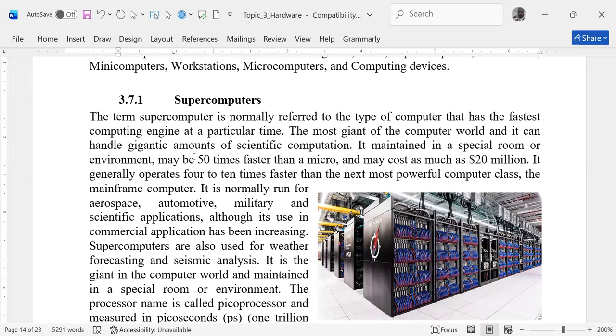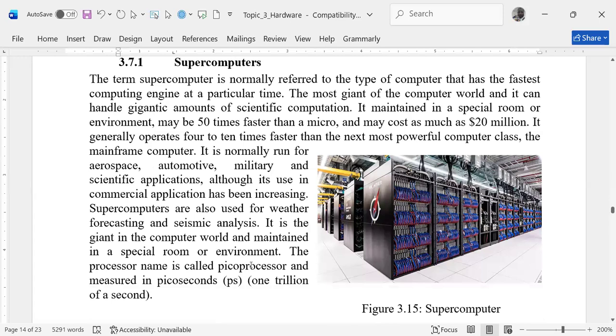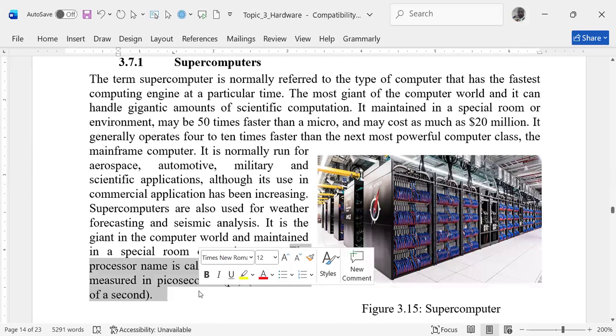It is normally used for networking. So you cannot go and buy a supercomputer for your small project. Normally used for networking as a central device where others can be connected. The processor name is called pico processor. Like your laptop, your small PC, the processor name is called microprocessor.